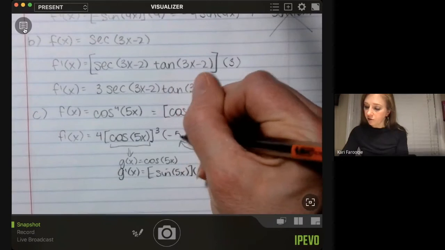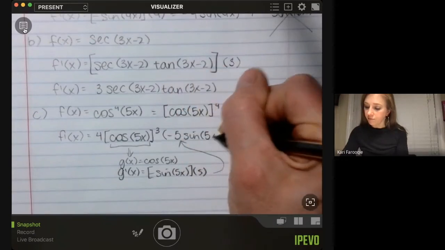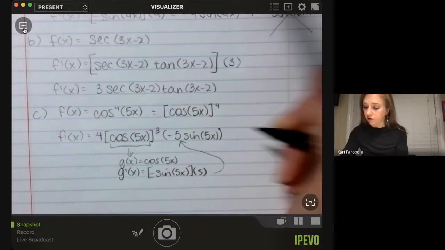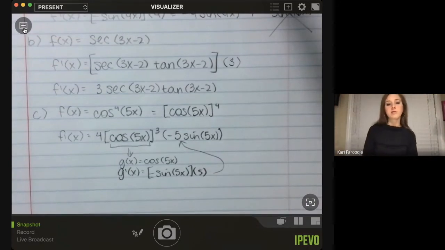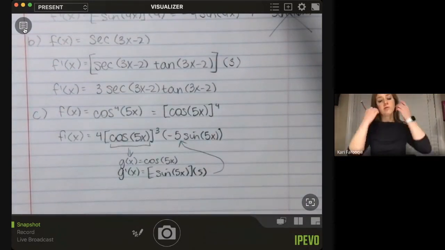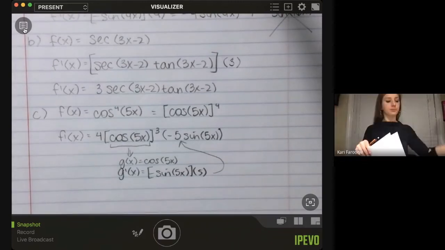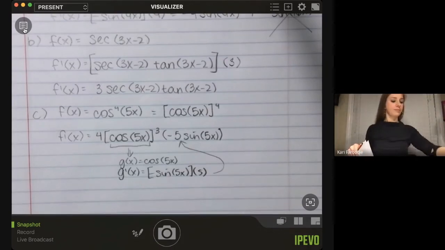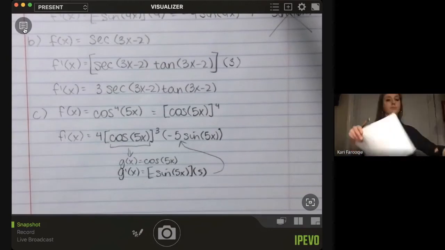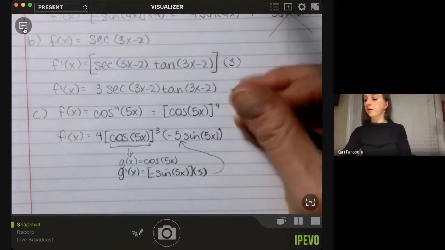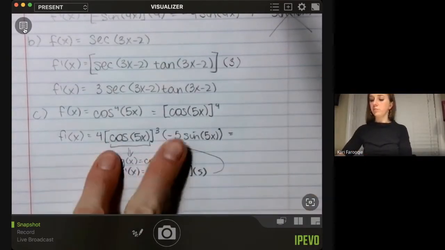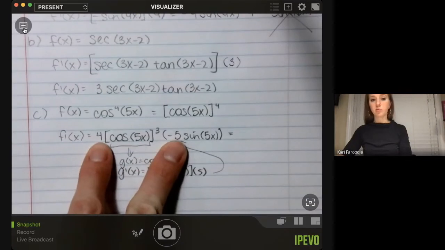So negative 5 sine 5x, these parentheses, I guess, double parentheses. And then you're going to simplify. This will just simplify by multiplying these constant multiples together.